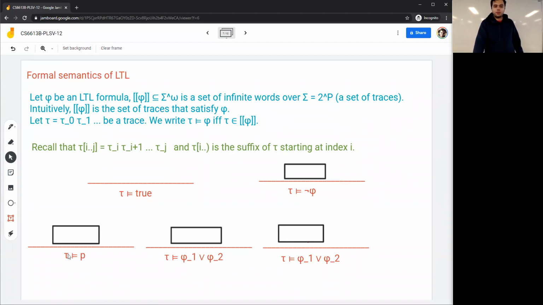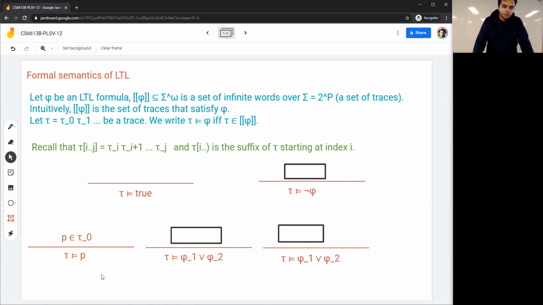So an infinite trace tau satisfies P if and only if the first index of tau, tau0, includes P. What was the first index of tau? This was the first letter, and each letter was a set of atomic propositions that hold at that point in time. So basically tau satisfies P if and only if P holds at time 0 in tau.